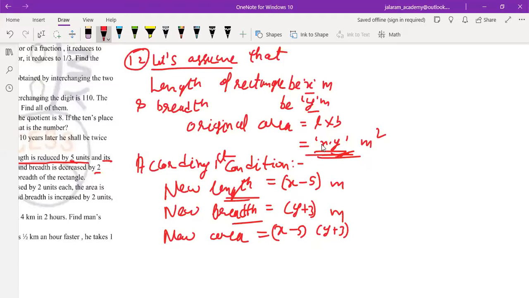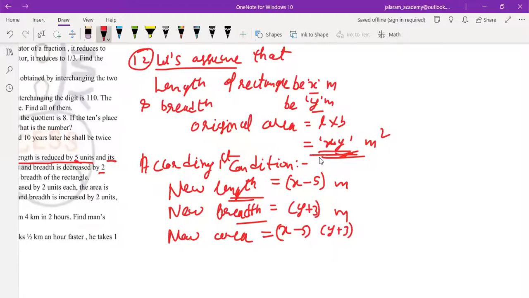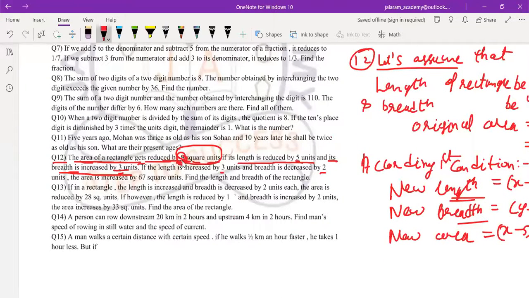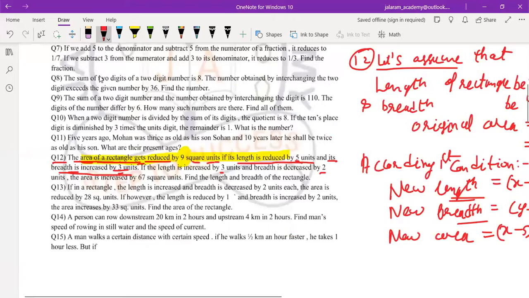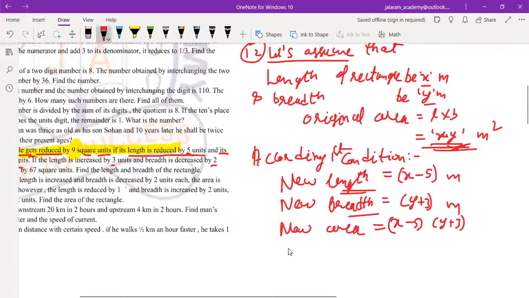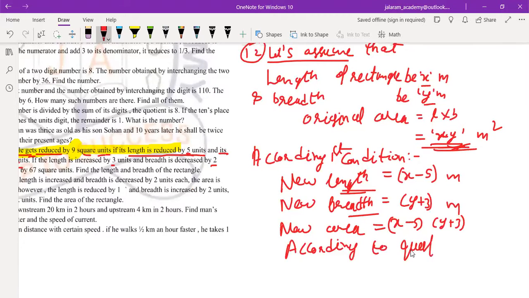The original area was xy meter square and it was reduced by 9 square meter. According to the question, what is the new area? Can someone tell?